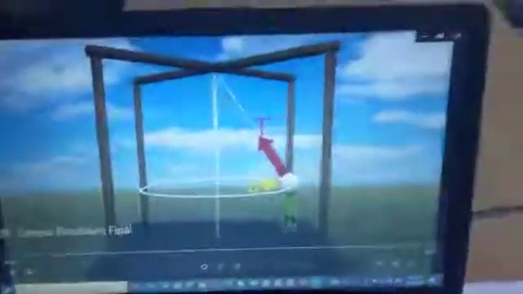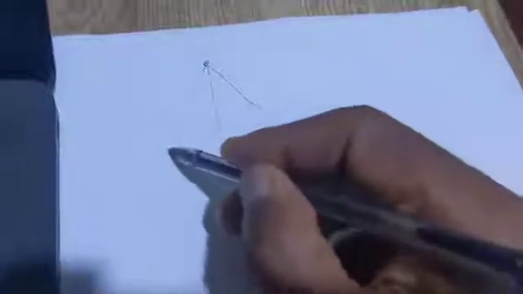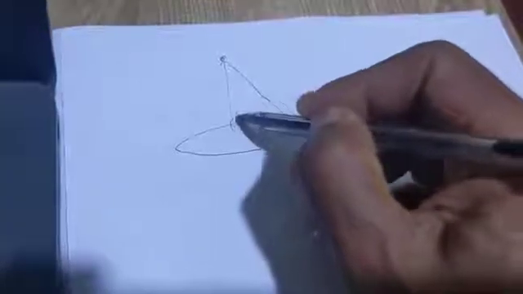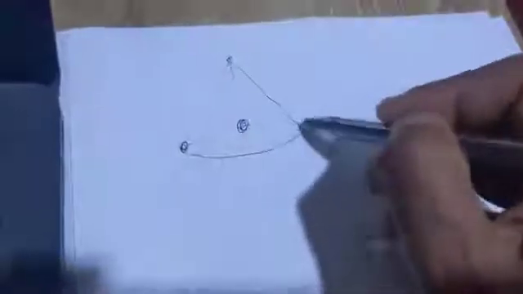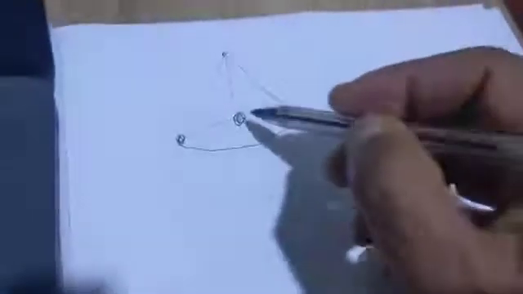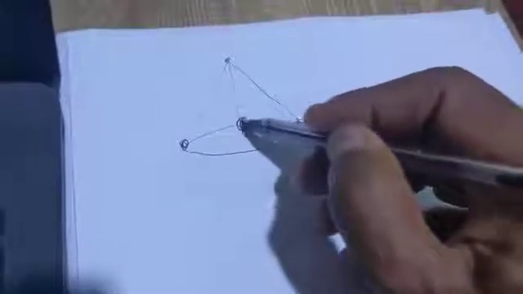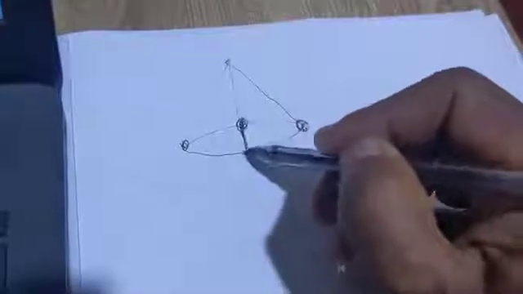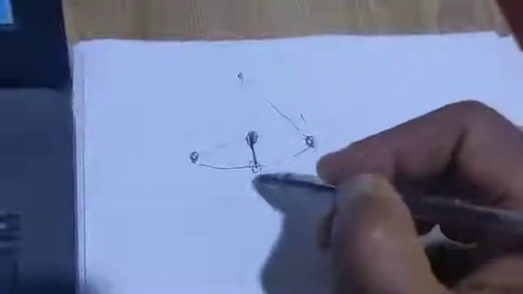Let's take the example of a conical pendulum. It follows this path.